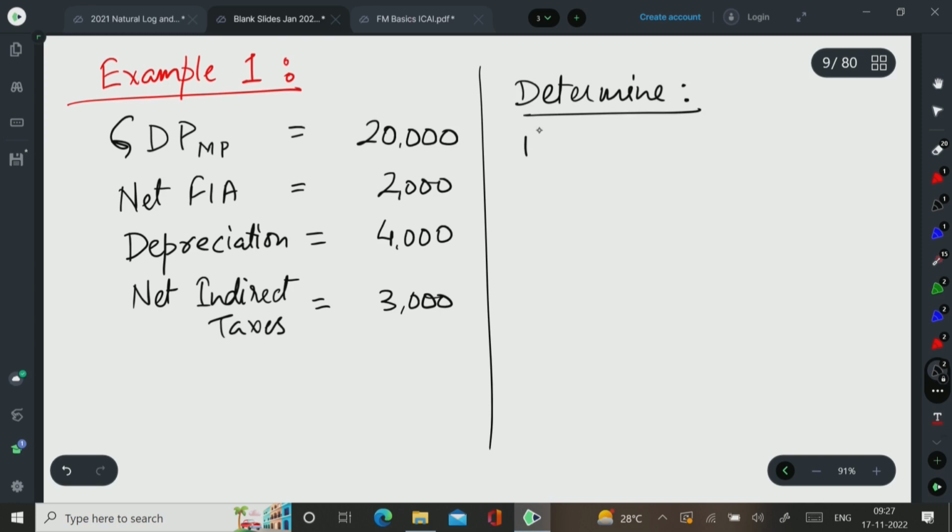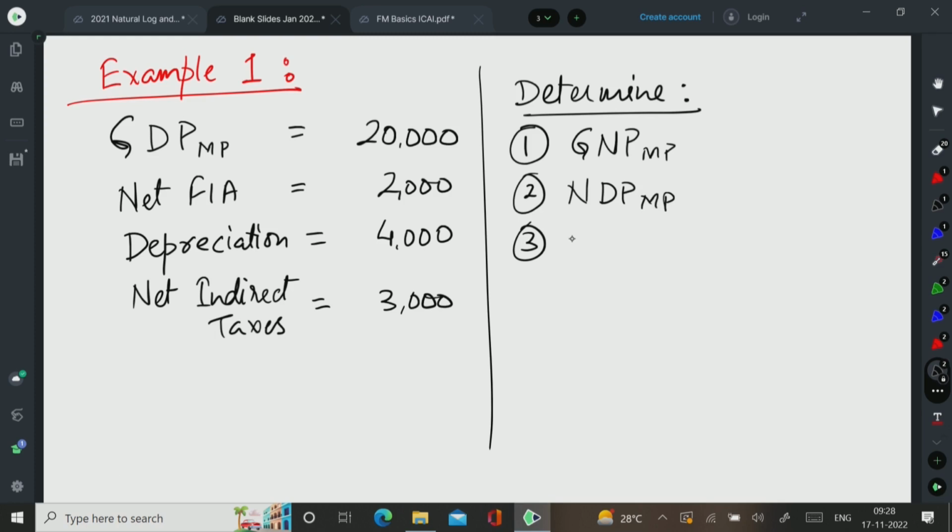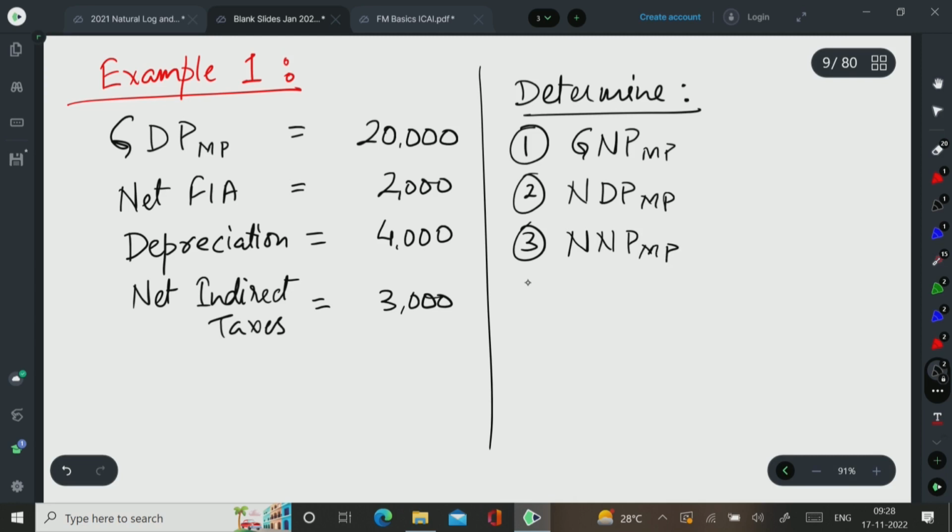First thing that you have to determine is GNP MP. Second thing that you have to determine is NDP MP. Third thing you have to determine is NNP MP. Fourth that you have to determine is GDP at factor cost.